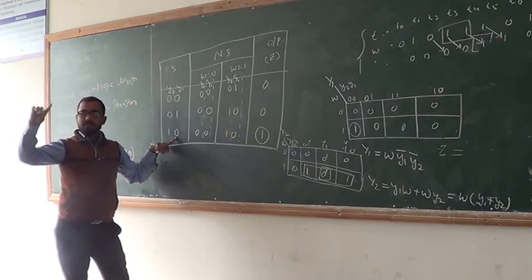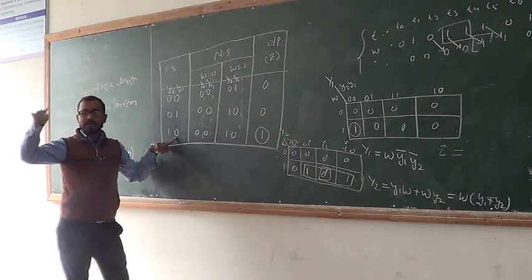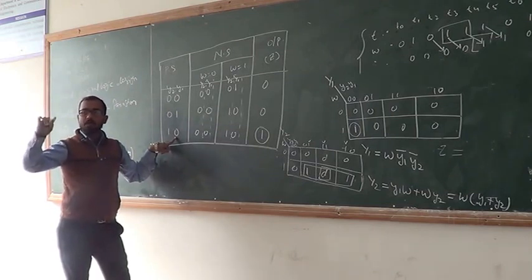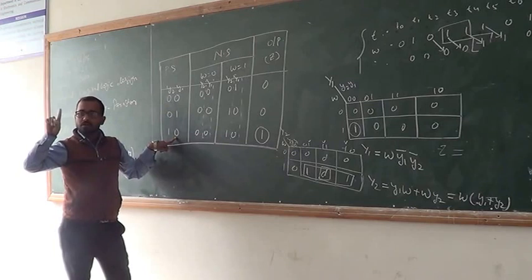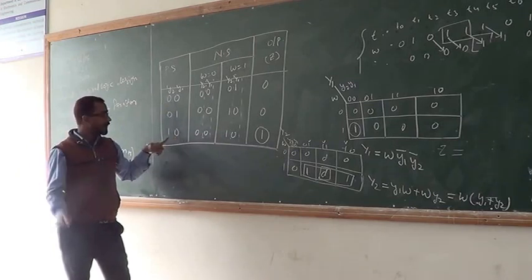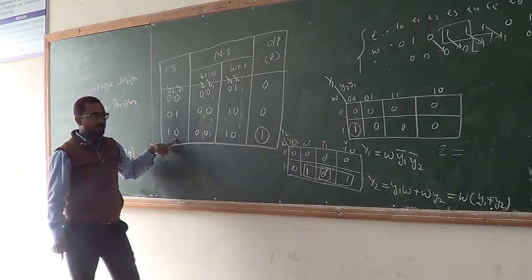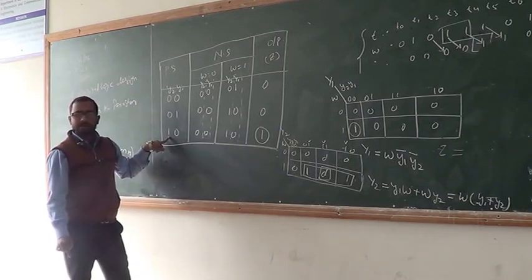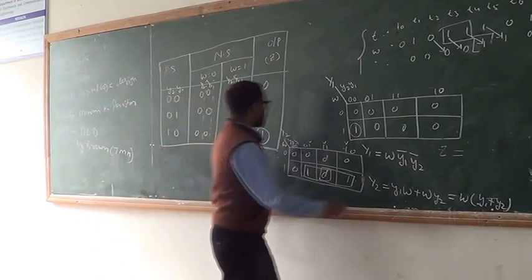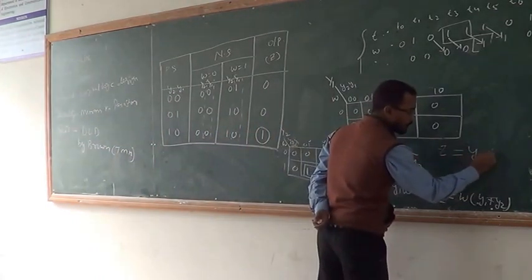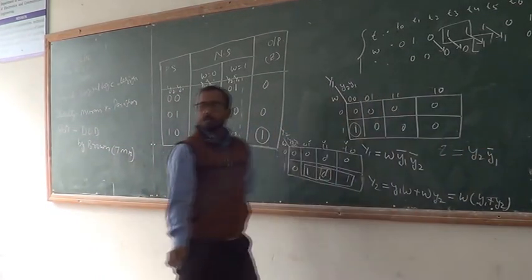Remember we discussed just before, when two consecutive ones occur, then the output becomes 1. That means at state C we get 1. We consider C as 1-0. Therefore, we write here z is equal to y2 y1 bar. Have any confusion?